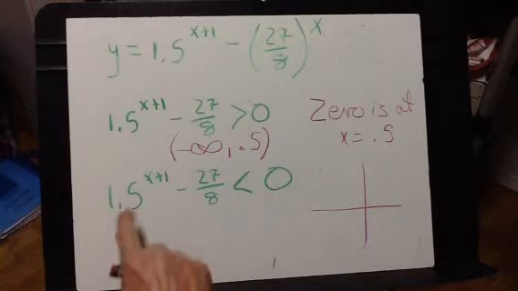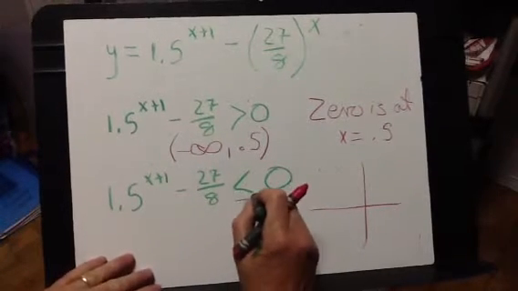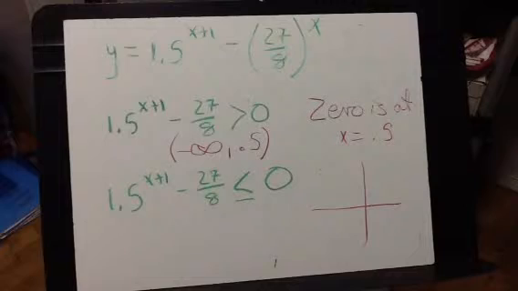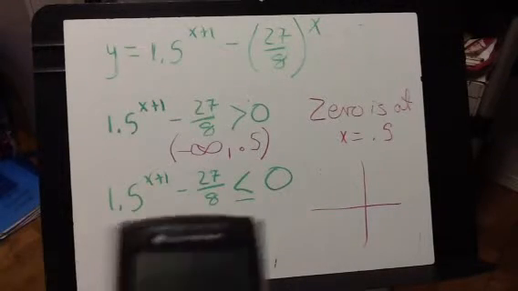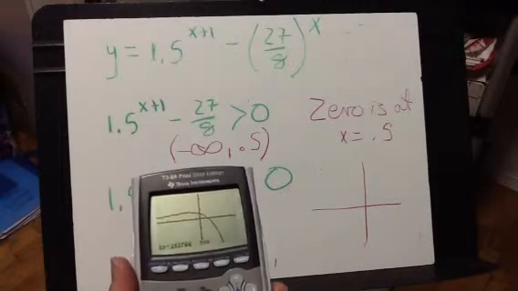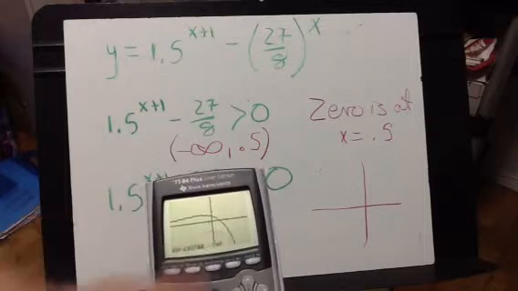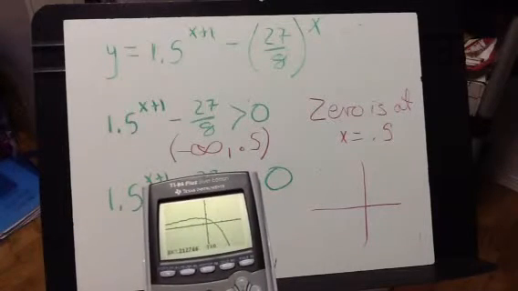Now let's do the same thing and ask where this thing is below the x-axis. Let's change this problem to below or on, just so we can talk about interval notation a little bit. Here's my curve again, and I want to know where it is below or on. It's below, starting right at the zero, and then on down to the right.